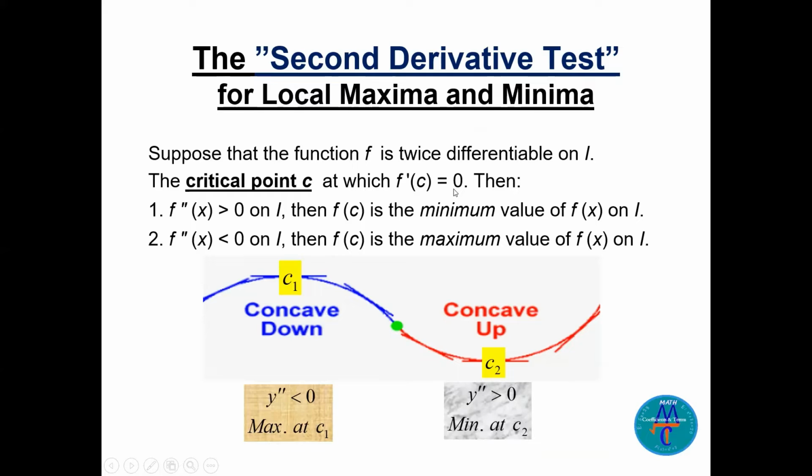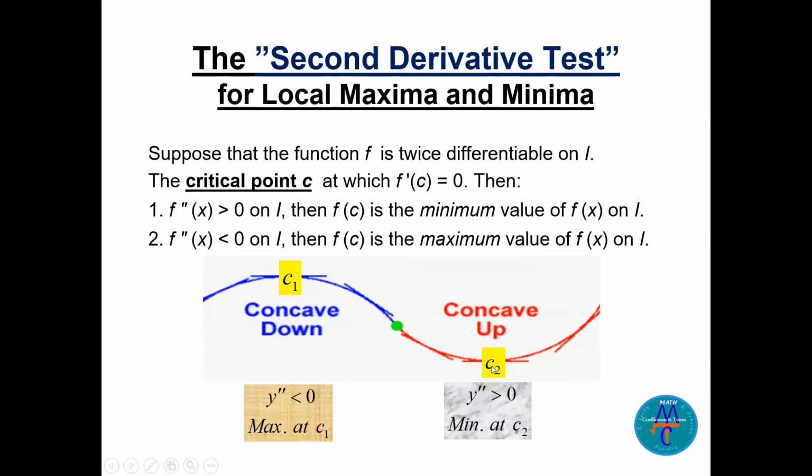Still, we have to use the first derivative. Now, if the second derivative is greater than 0 on that interval, then f of c at the critical point here, f of c is the minimum value of the function.